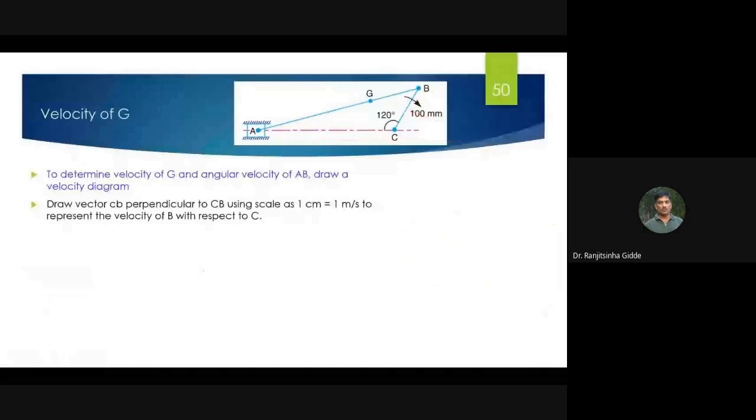So draw vector CB perpendicular to link CB using scale 1 centimeter is equal to 1 meter per second to represent velocity of B with respect to C.